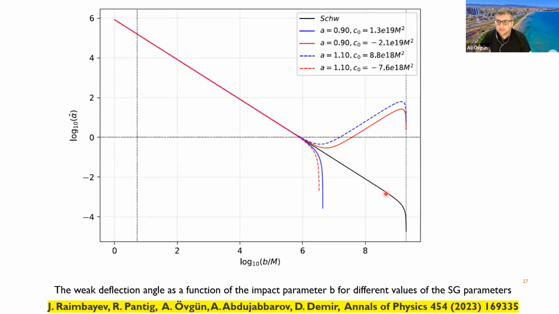You can see that the deflection angle, as expected, decreases monotonically. We observed that at low impact parameters, the dS and AdS Symmergent behavior is nearly identical, so you cannot see their differences. But at higher impact parameters, the deviation is a bit larger.